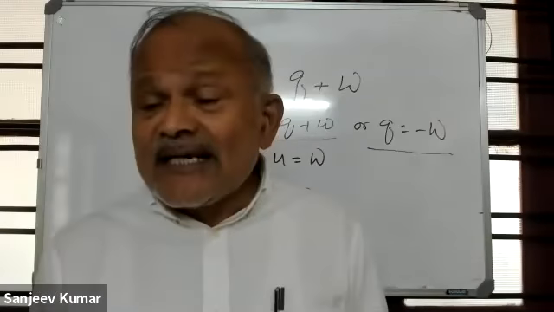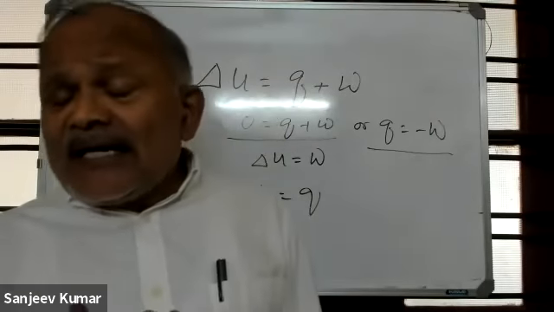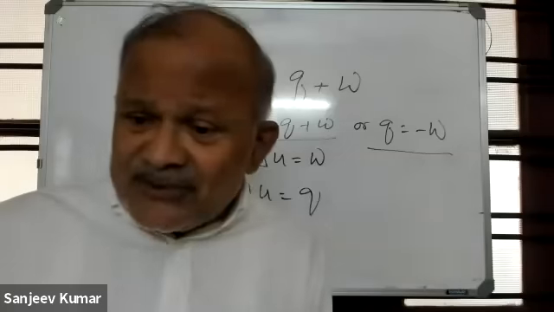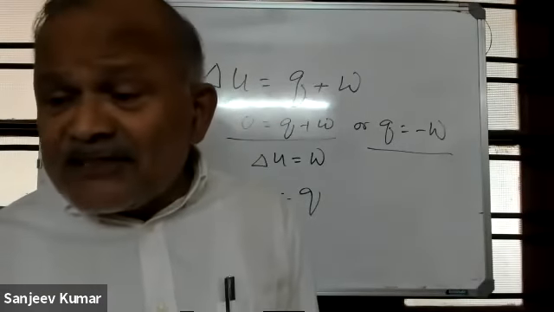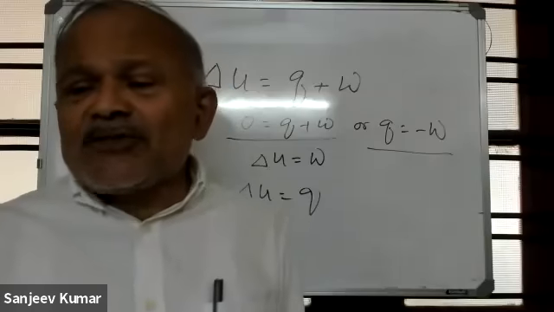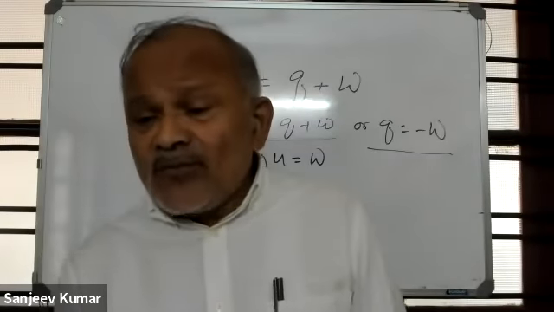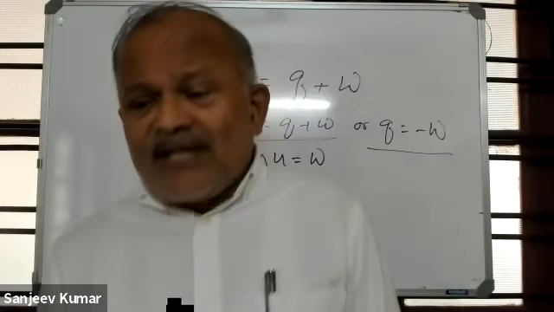If a reaction takes place in one step or in several steps, the enthalpy change will be same. And that is known as the Hess's law of constant heat summation.